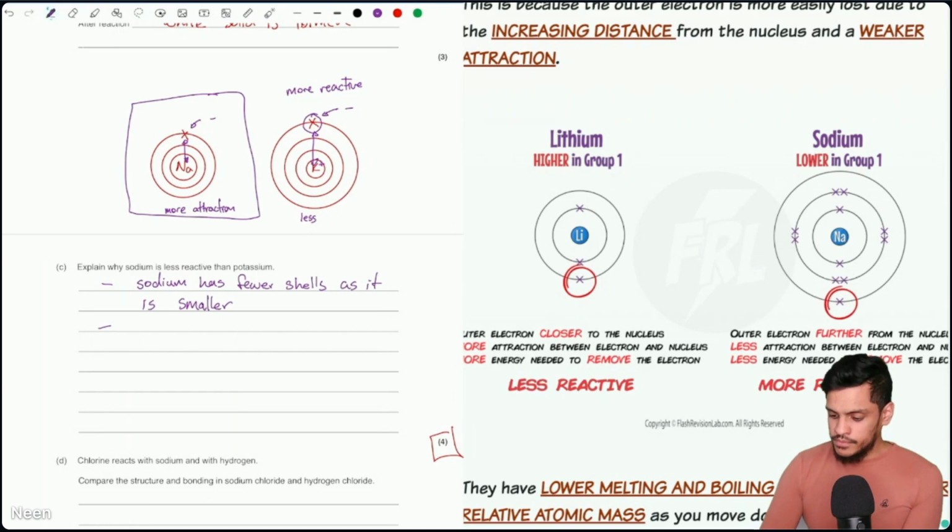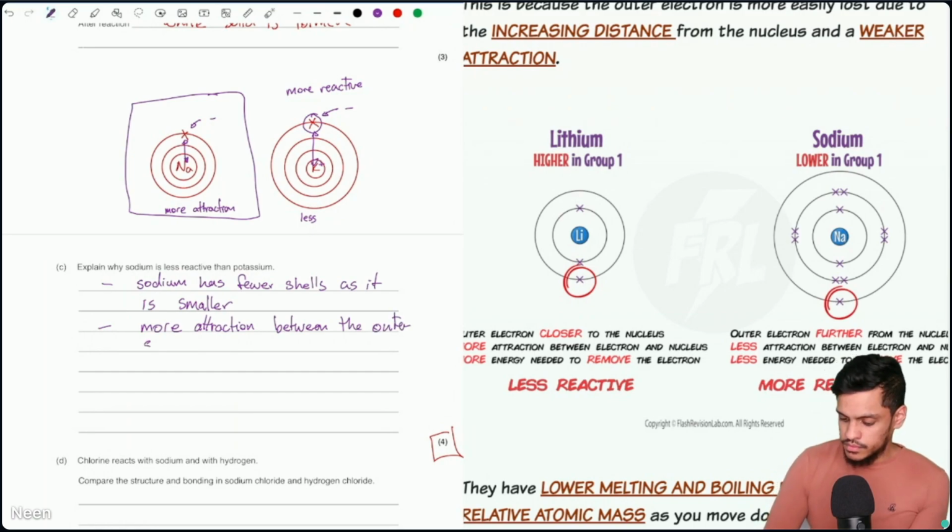So if it's smaller, there's more attraction between the outer shell and the nucleus as it is closer. So it's closer to the nucleus, so there's more attraction.